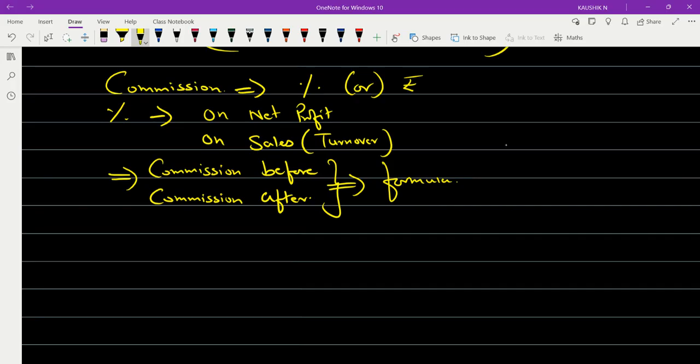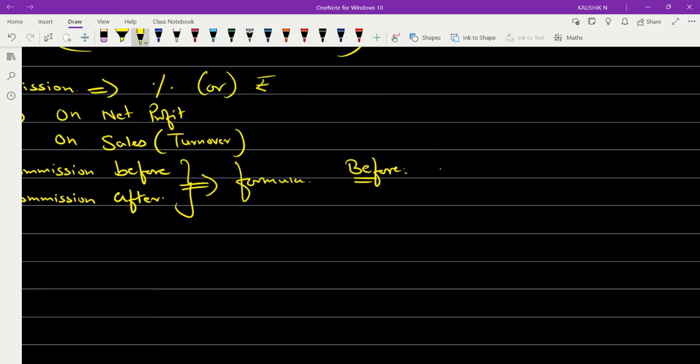Kindly take down the formula. First, let me give it for before. Commission is equal to, on whatever basis they have said, accordingly the value will be mentioned. If it is net profit, then the net profit value. If it is sales, then the sales amount.